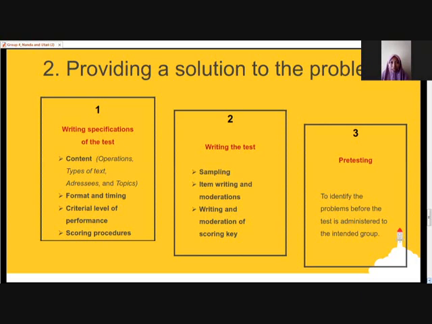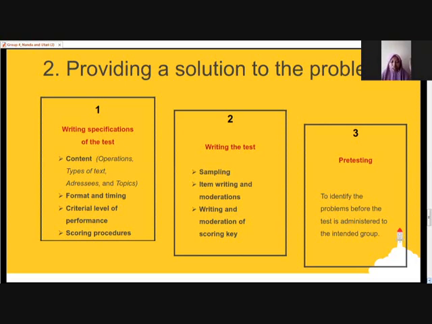Maybe one item will consist of two correct answers. Now, two correct answers will lead to ambiguity. So the test constructor has to moderate items that have more than one correct answer and make them again.